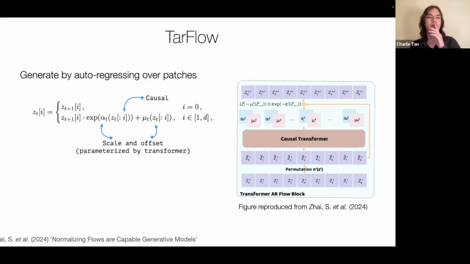As we can see from this equation, for the first index, if i equals 0, you don't actually update the first item in the sequence. But for every successive patch in the sequence, you perform an affine update where the scale and the offset are parameterized by a transformer. But crucially, this is also causal, and so you're only able to look backwards in the sequence. And the combination of this causal and affine update with the first one not moving means this transformation.